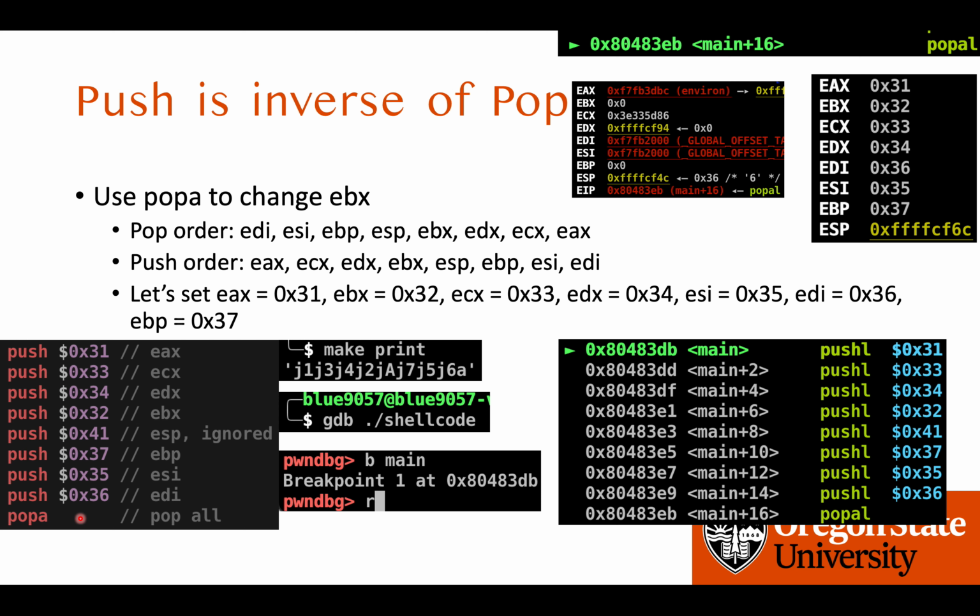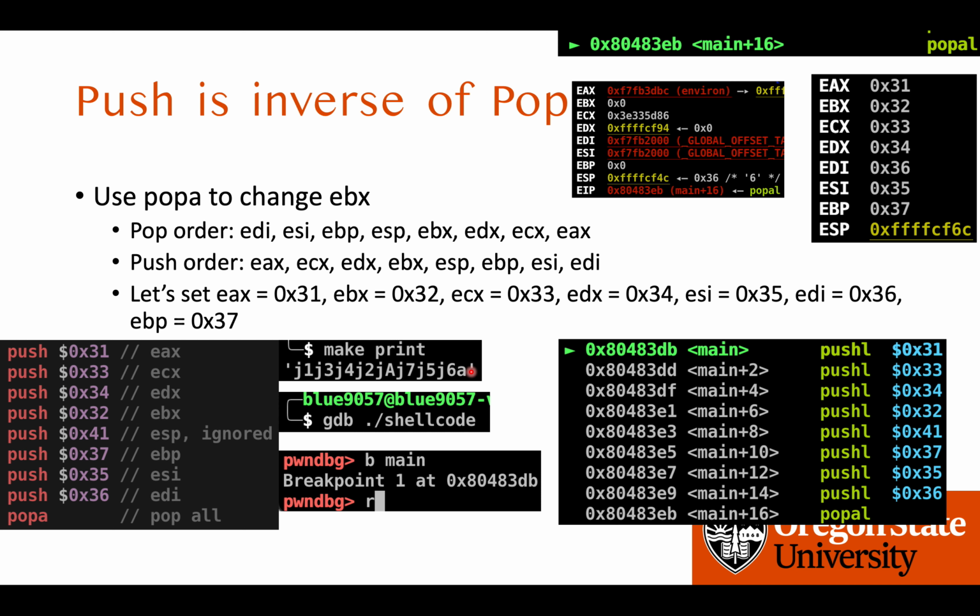And if you do make and make print, then you will see that for all the push immediate instructions, the opcode is J, and all the immediate values here are alphanumeric. And also the POPA instruction is a lowercase character a, so the resulting opcodes are all alphanumeric.